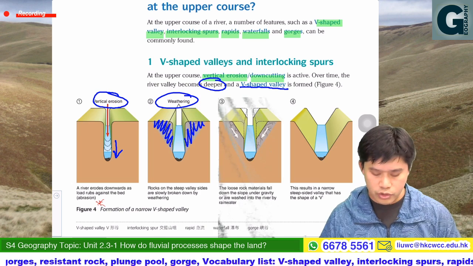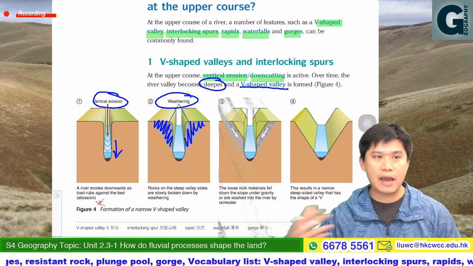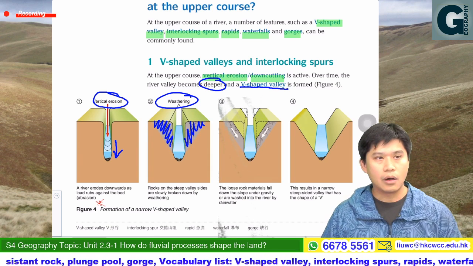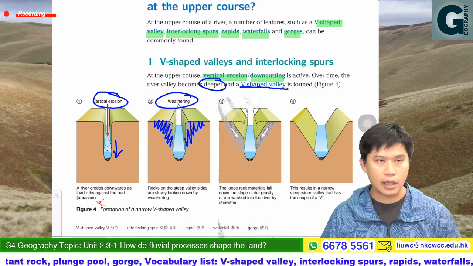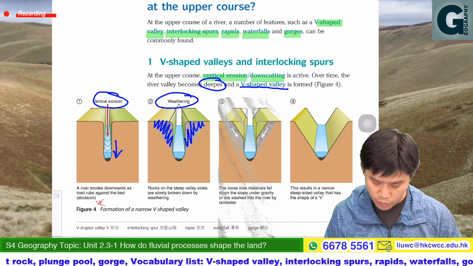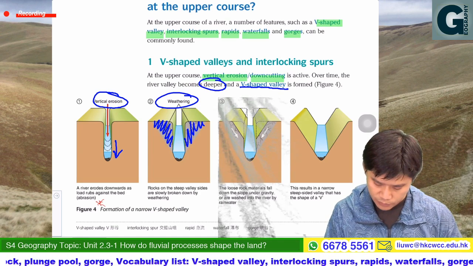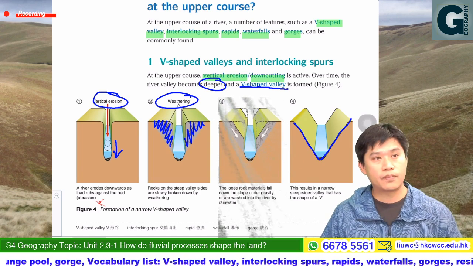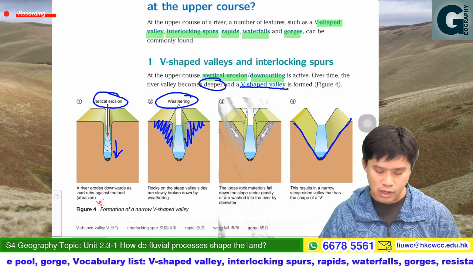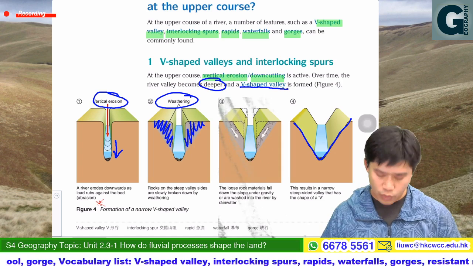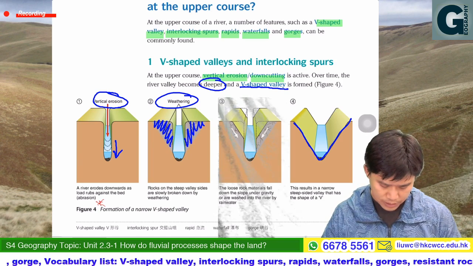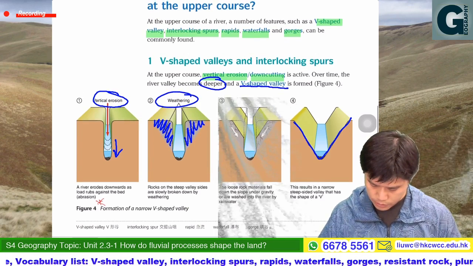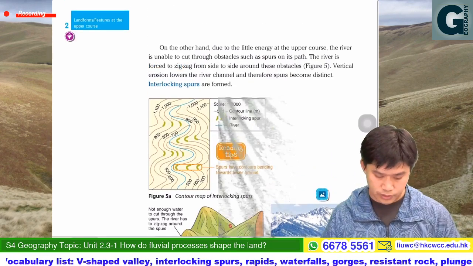So when that material is carried away by other agents such as water or winds, the shape of the valley will become V-shaped, and that is what we call the V-shaped valley. So remember, V-shaped valley mainly occurs in the upper course. That would be the first one.